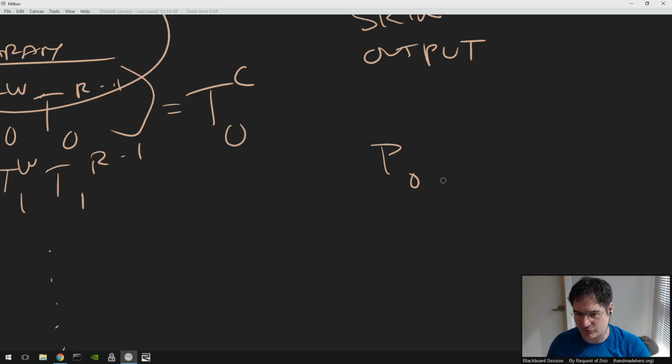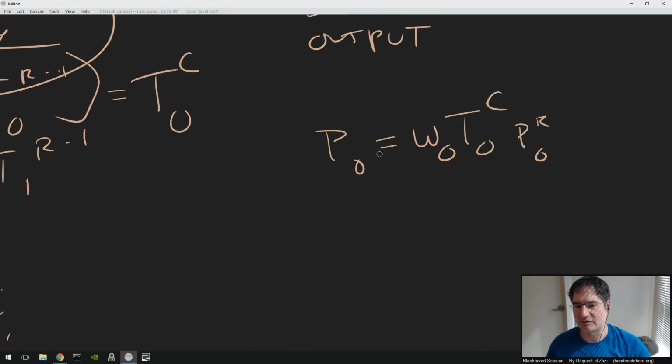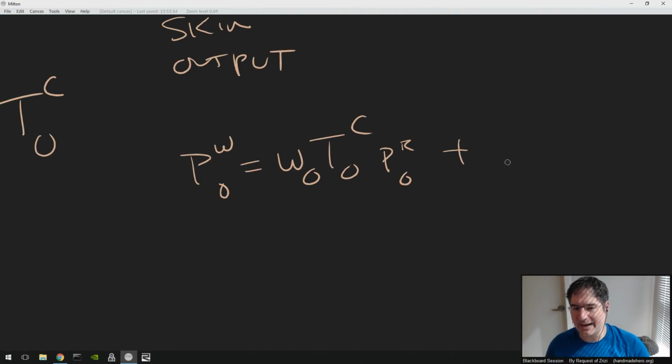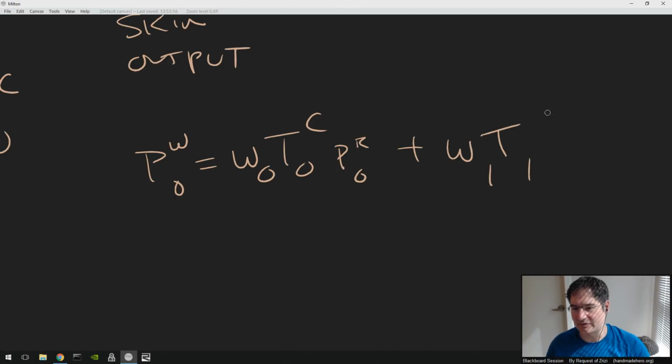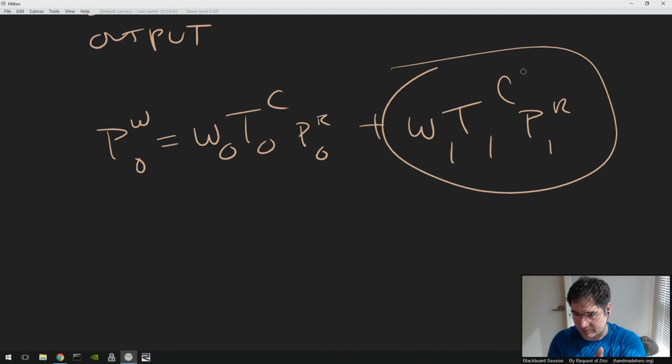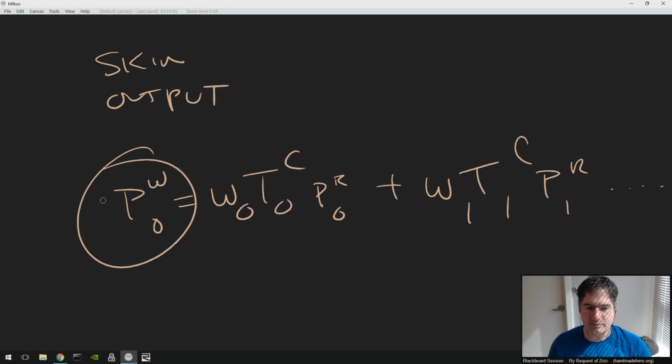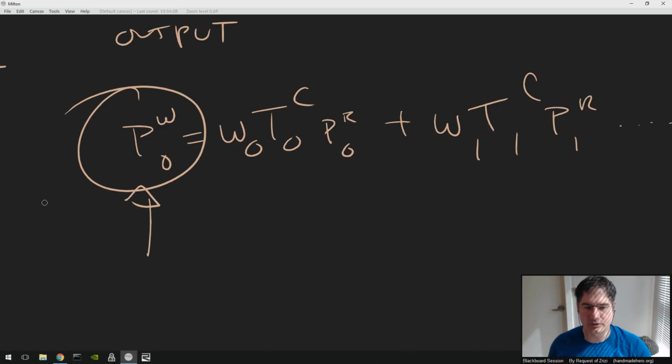P for any point we want is no more than the weight of matrix 0 times matrix 0's composite times the original point in rest pose, right? We sum as many terms of these as we want. We can support as many bones as we want and do no more work other than the one term, and we just go out as far as we want. This is mesh skinning. This right here is literally the points that you draw. And that's the end of it.